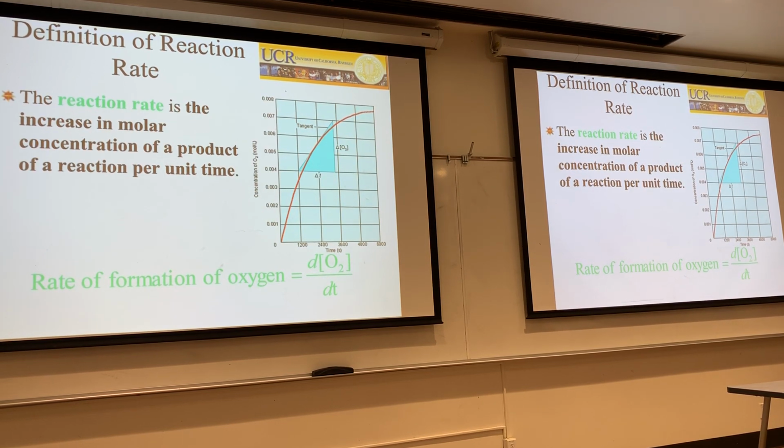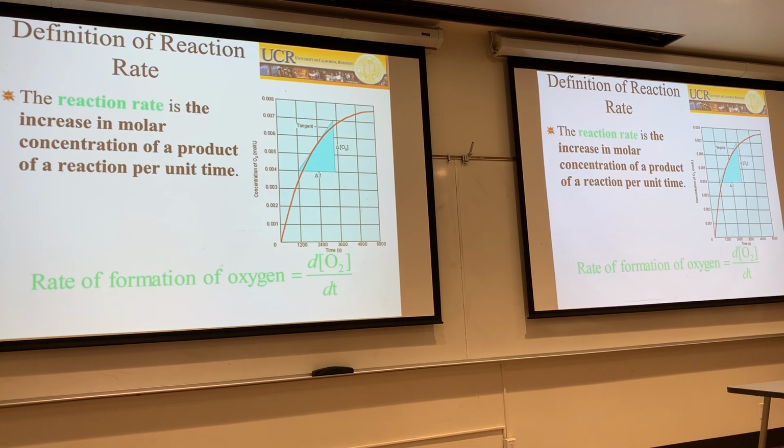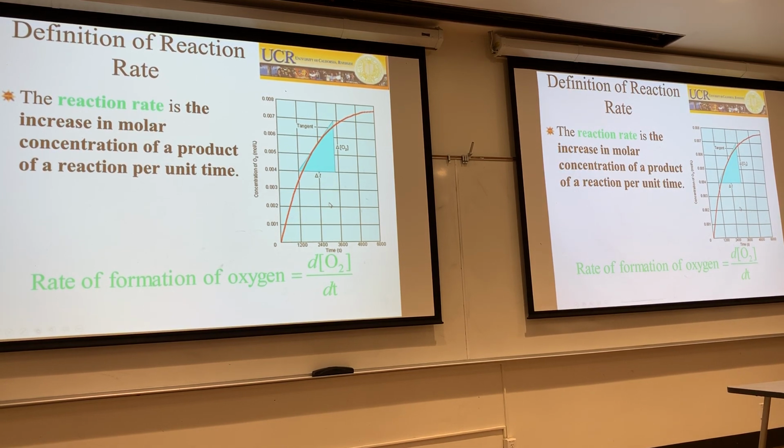And then if I'm plotting the concentration of oxygen as a function of time, then from that plot, I can always look at what the slope of that plot is, and that gives me the rate of the formation of oxygen.